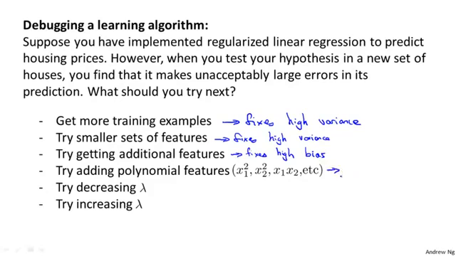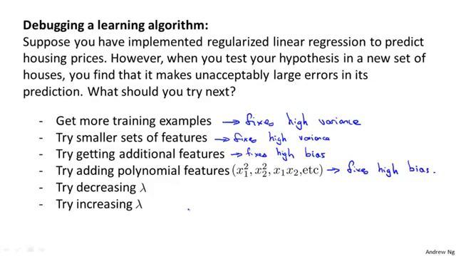And similarly, adding polynomial features. This is another way of adding features, and so that's another way to try to fix a high bias problem. And if your learning curves show you that you instead have a high variance problem, then again, this is maybe a less good use of your time.